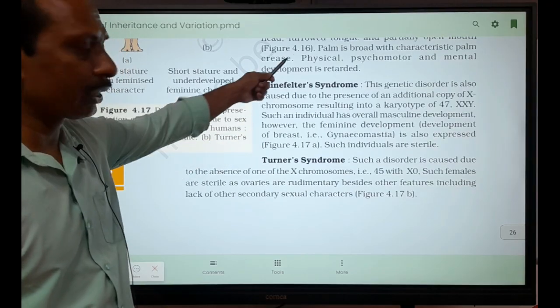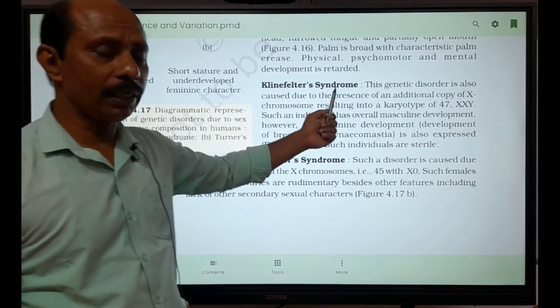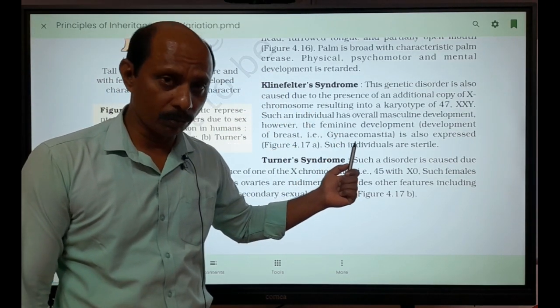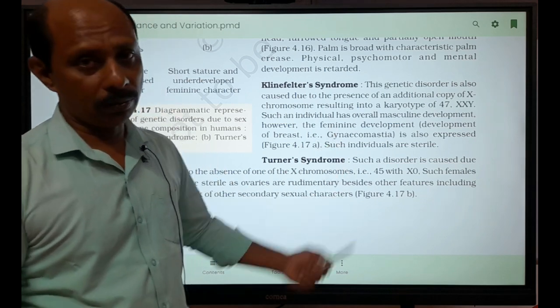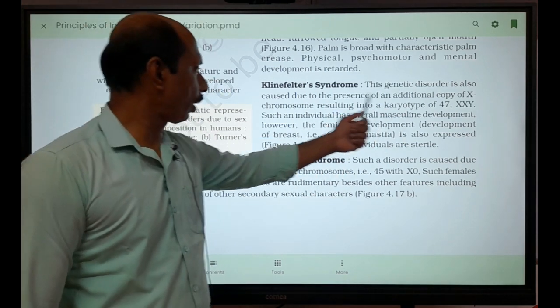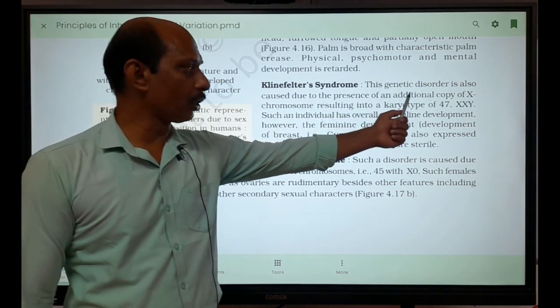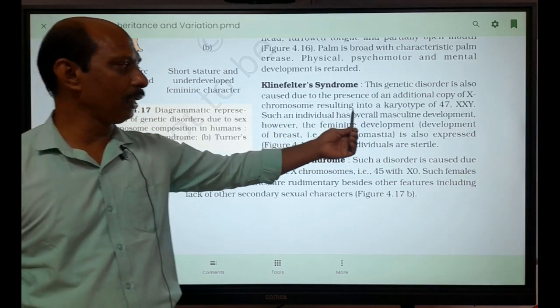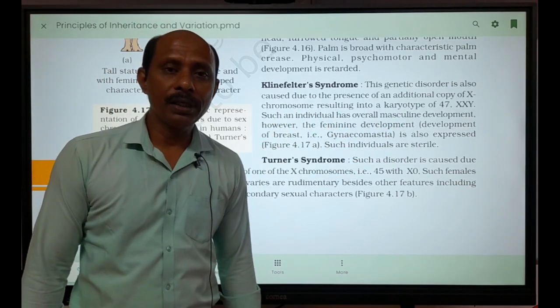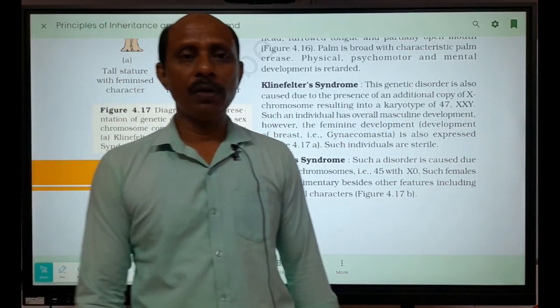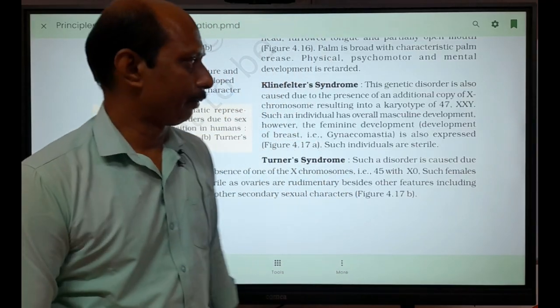Klinefelter syndrome is a trisomy of the 23rd pair. This genetic disorder is caused due to the presence of an additional copy of the X chromosome, resulting in the karyotype of 47, and it is represented by 44 plus XXY.